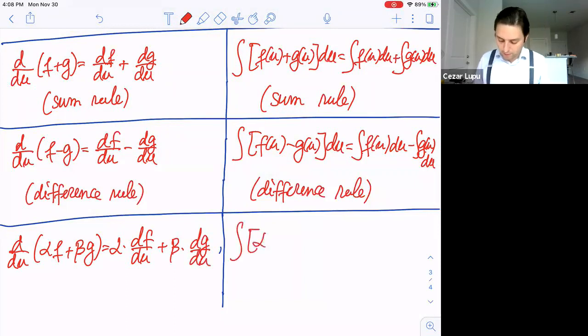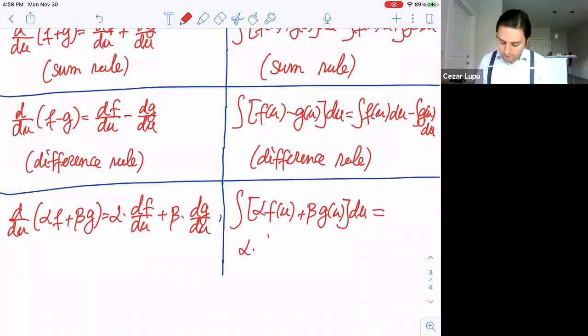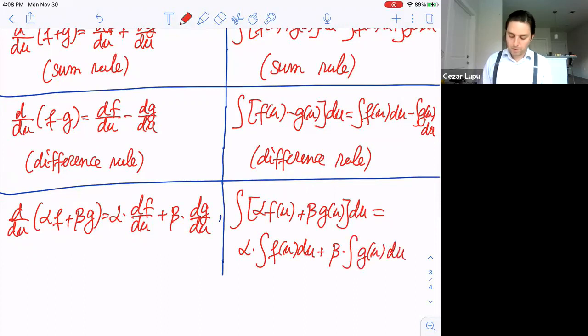So the integral of alpha f of u plus beta g of u du will be equal to alpha times the integral of f of u du plus beta times the integral of g of u du. And we will call this the linearity rule.